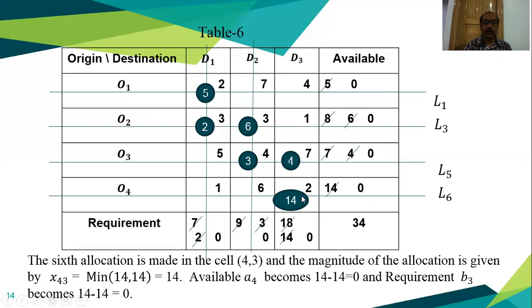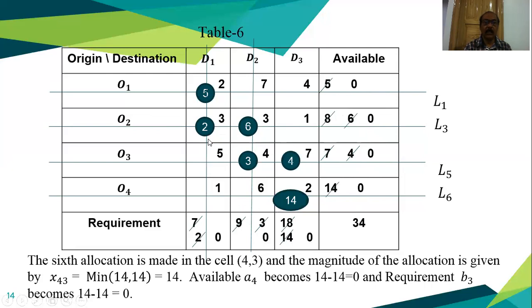Now 14 units we are allocating here. That means available 14 becomes 0 and demand 14 becomes 0. So we meet the demand, nowhere is demand left and all our available is exhausted.